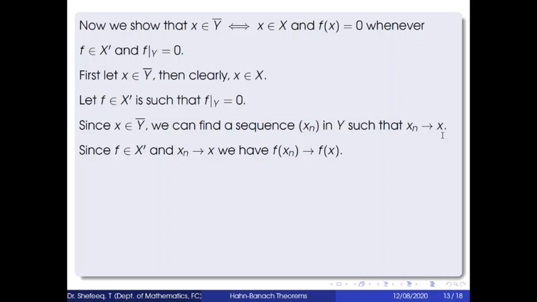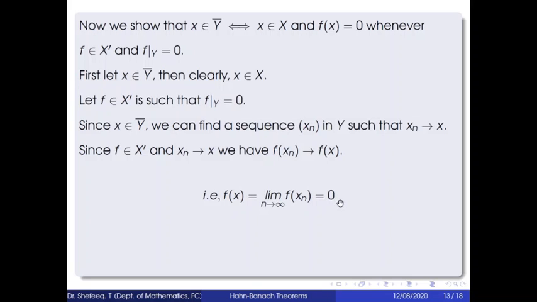Since f belongs to X' and xn converges to x, we have f(xn) converges to f(x). That is, f(x) is equal to the limit as n tends to infinity of f(xn).